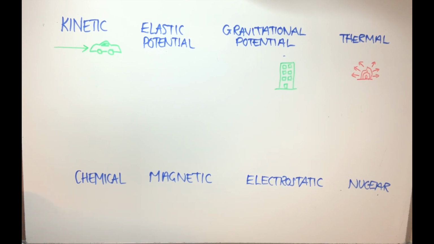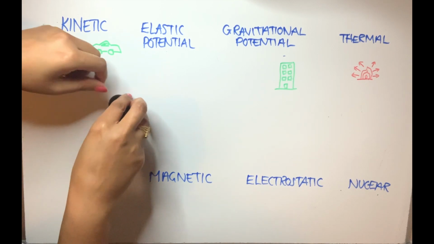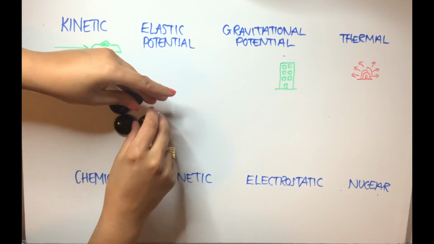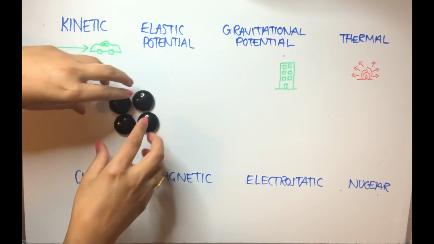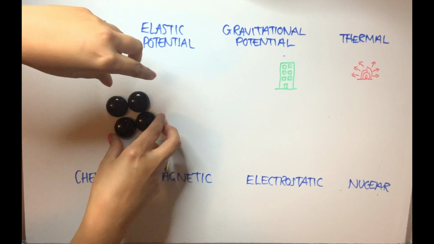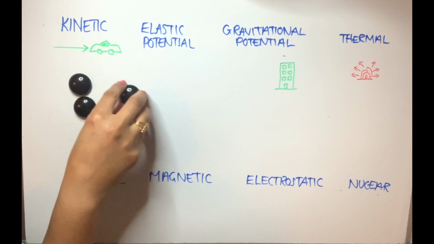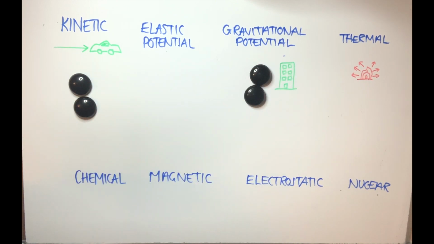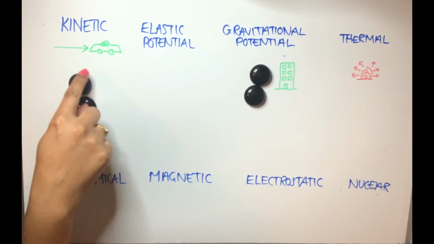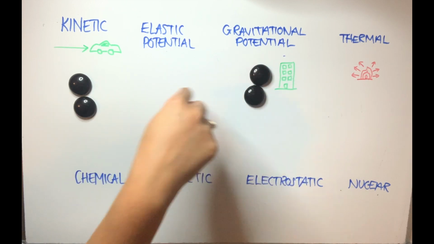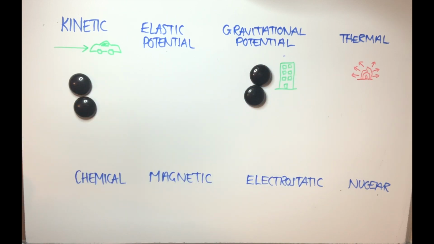So you don't start with more and then end with less, or start with less and end with more. So for example, if I start off with a certain amount of kinetic energy, some of that kinetic energy can be transferred into gravitational potential energy, but at the end of the day, altogether I still have the same amount that we started with.